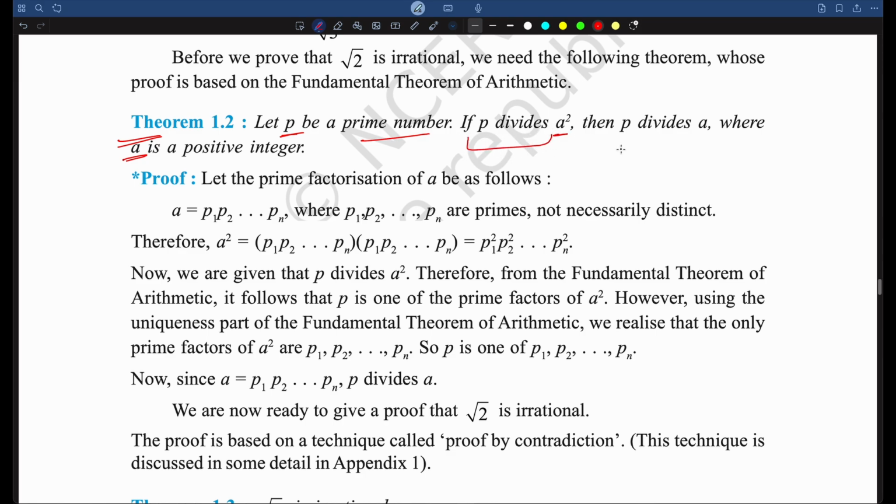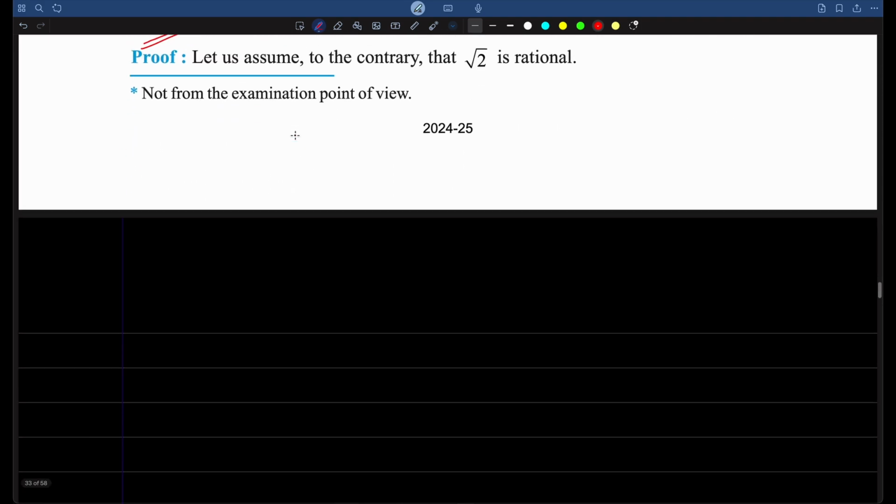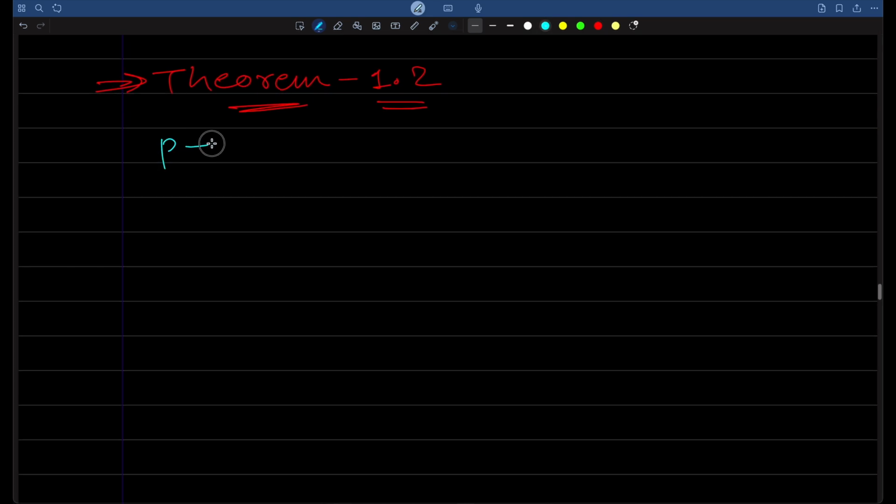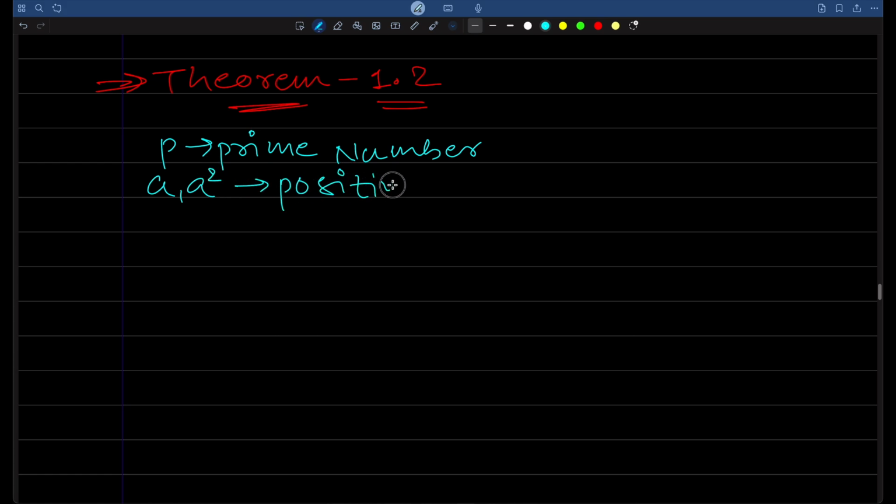If P divides A square, then P divides A.